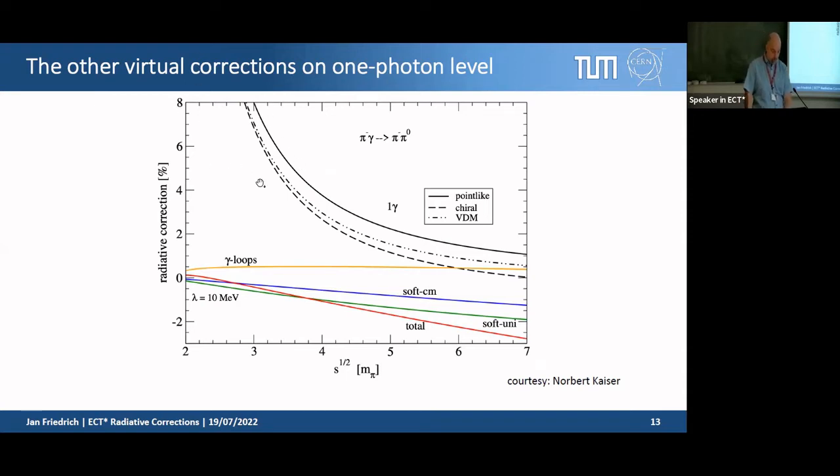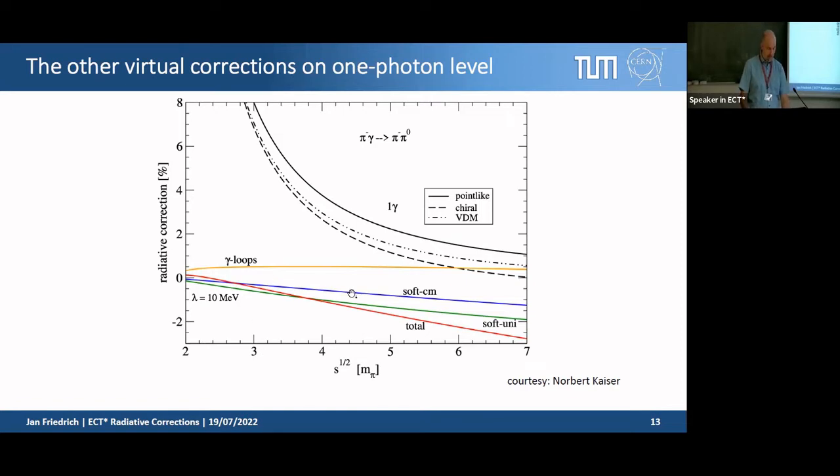And for this one may include the pion shape or the pion size effects in chiral or VDM approach. And then you get some modification of that, which in fact is more relevant than what I've shown about the photon loops. You see here that this is an effect which stays around 0.5%, and it's weakly dependent on the square root of S.